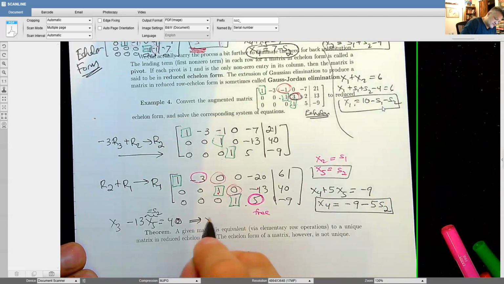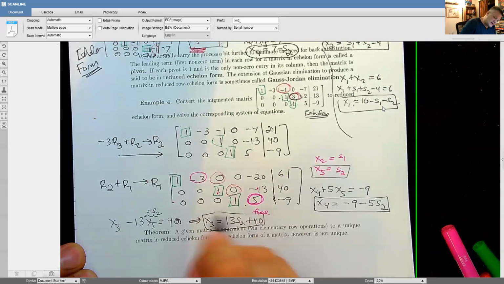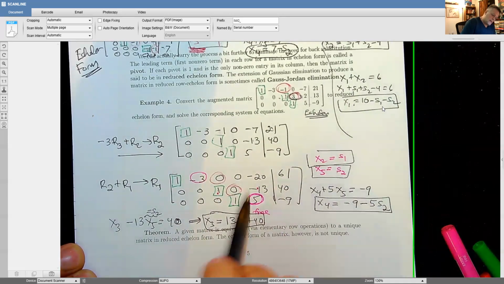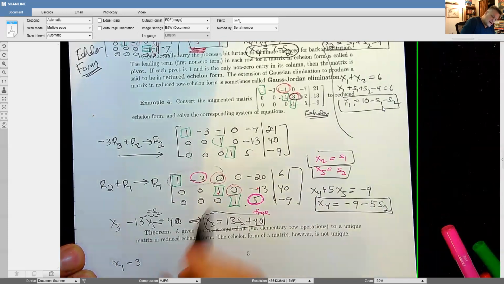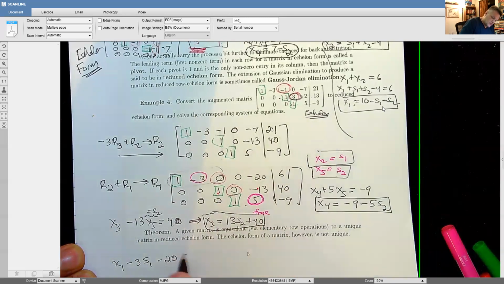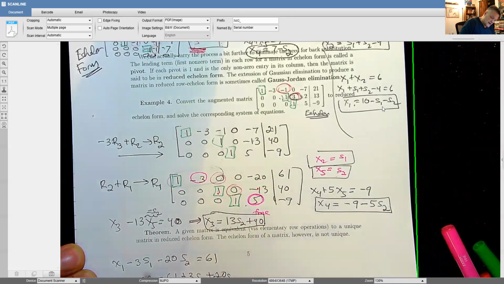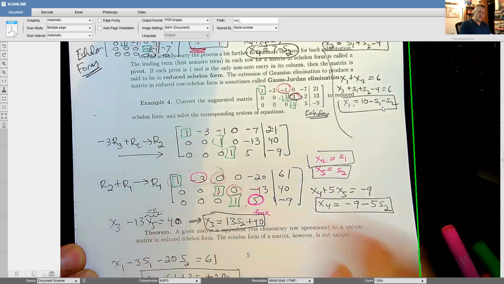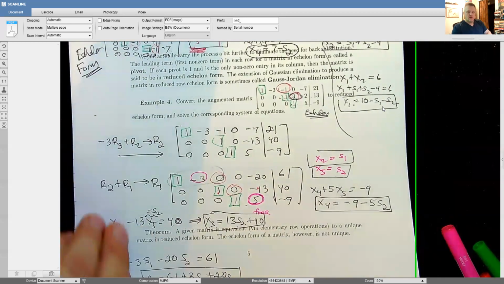And so if I add 13s2 to both sides, I get x3. I already have x2. Now plug everything in up here that we need. That would give me x1 minus 3x2, which is s1, minus 20x5, but I have x5 as s2, is 61. And so if I add those to both sides, I get that. Right, and so again, you can write that using that ordered 5-tuple notation, but we have all of the values that we need.